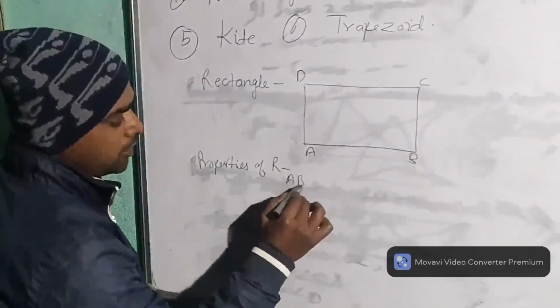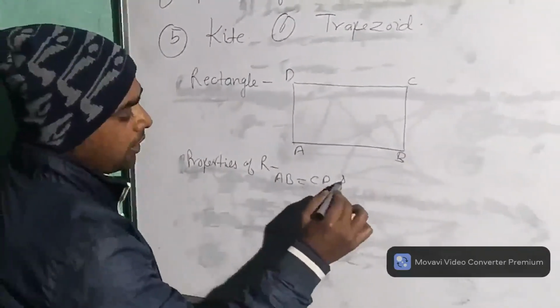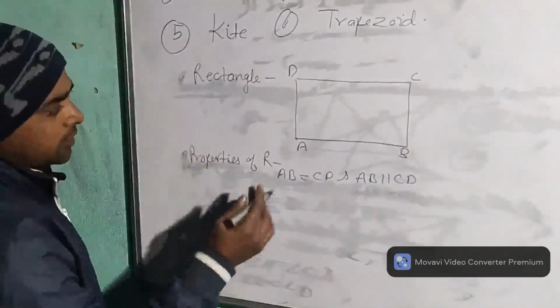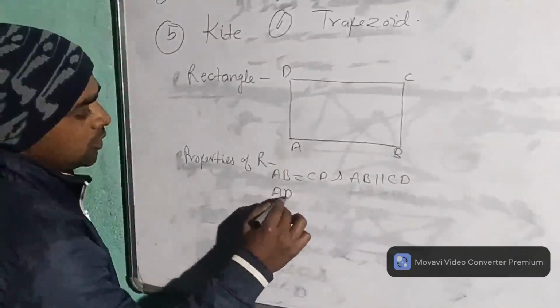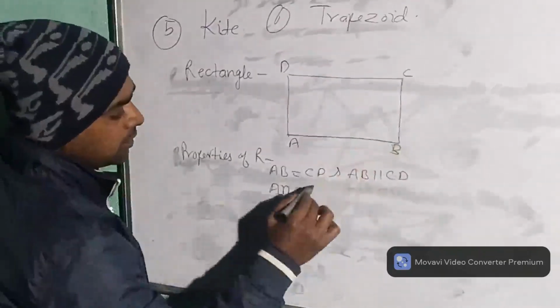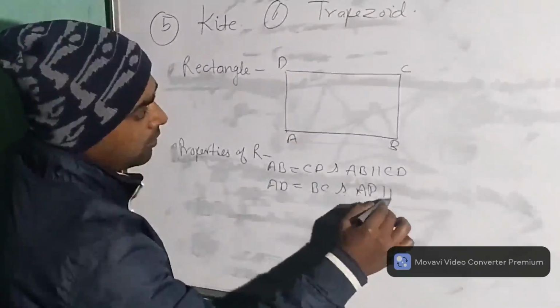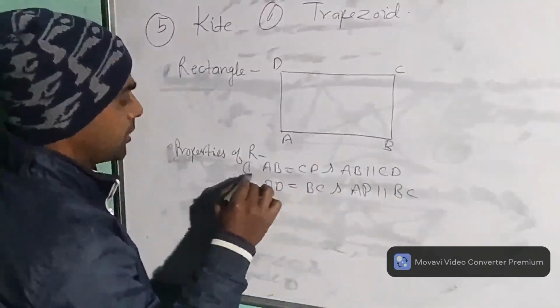That is AB is equal to CD and AB parallel to CD. Same as AD is equal to BC and AD parallel to BC. This is the first one.